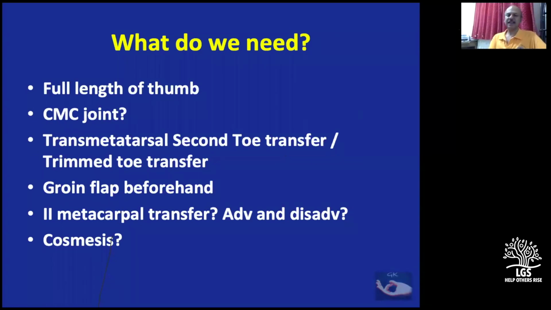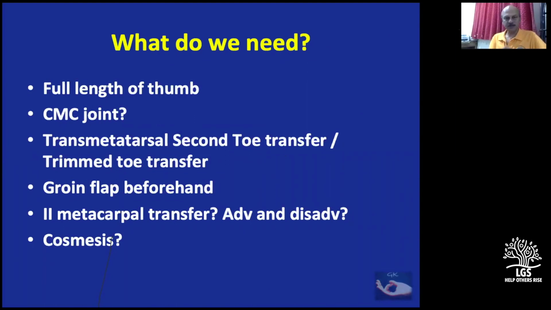First, the advantage is you are utilizing that bit of bone as a vascularized tissue to reduce the length of the toe that you're taking. But there is a disadvantage in that the width of the palm is going to get narrowed. It is important that you maintain the width of the palm. So these are the points for arguing for and against using the second metacarpal bone.